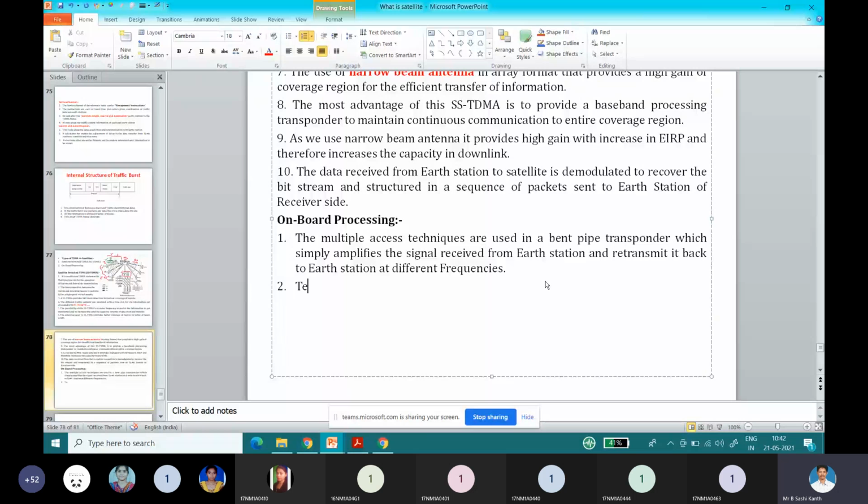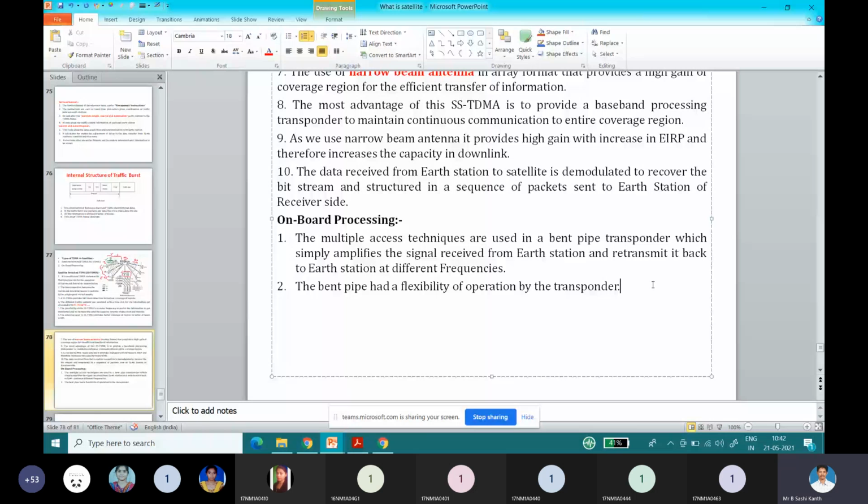The bent pipe has flexibility of operation by the transponder. Most of the time the transponder has a combination of the signals within its bandwidth only.